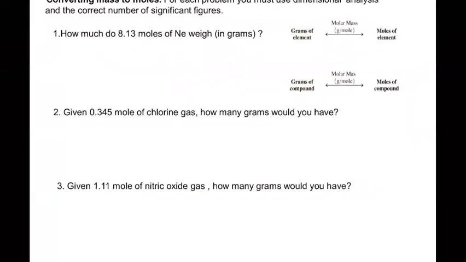I'm going to give you guys 3 minutes to calculate either the grams, like in the first question, second and third question, but the problems that we have in the in-class worksheet can go the other way around, in which you can be given grams and then you have to calculate moles. So these problems are going to be in the other direction from the example that we just did. So I'm going to give you guys 3 minutes to complete these problems. Again, we're finding grams, but we were given moles.